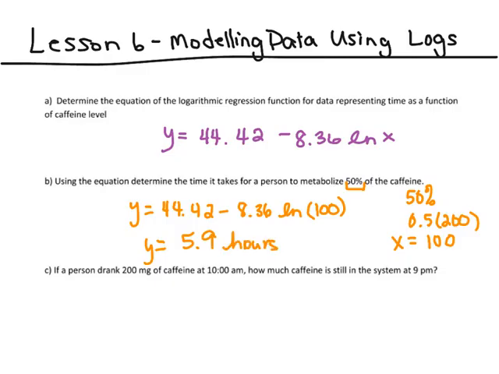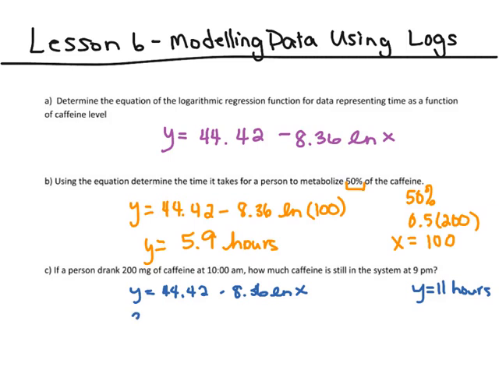And for the last one, if a person drank 200 milligrams of caffeine at 10 a.m., how much caffeine is in their system at 9 p.m.? So that is 11 hours. So we're going to plug that in. Y is equal to 44.42 minus 8.36 log of x.